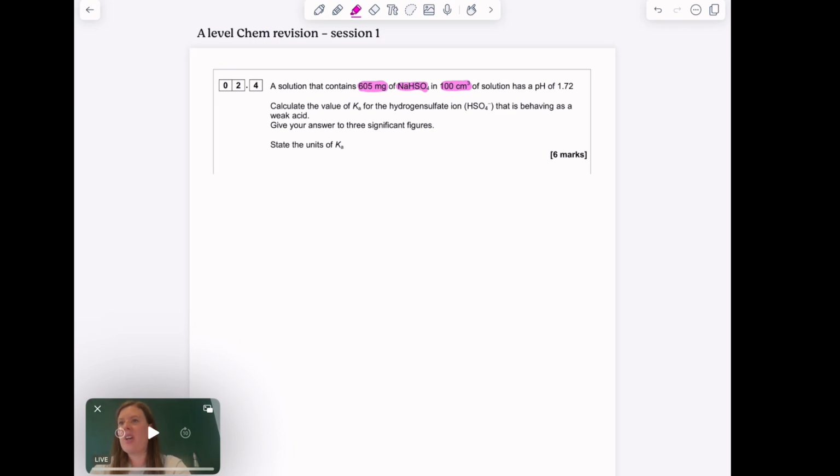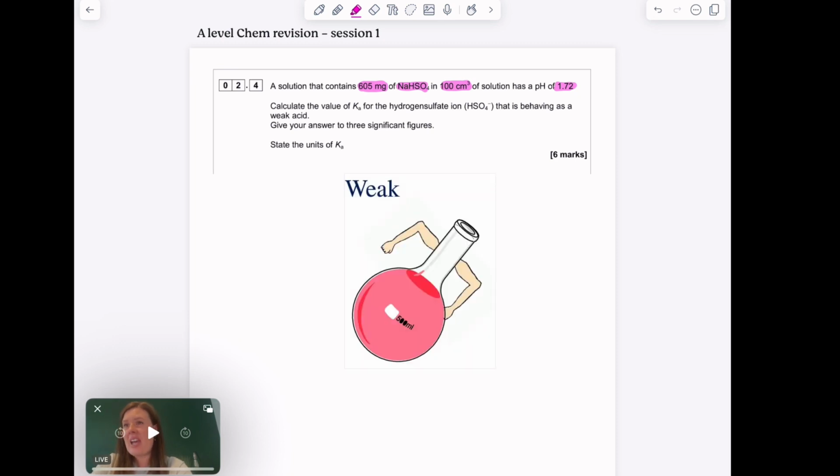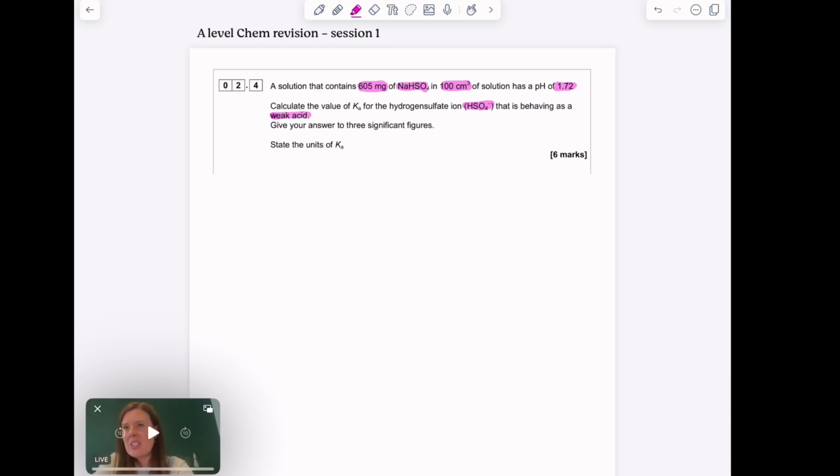Again, we're going to want to convert that into decimeters cubed for our chemistry value. The pH has got a 1.72 value, and we've been given the information that our HSO4 minus ion is behaving like a weak acid. We're also going to want to take note of this when we're quoting our final answer. That is to 3 significant figures.